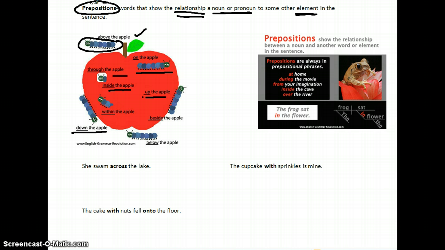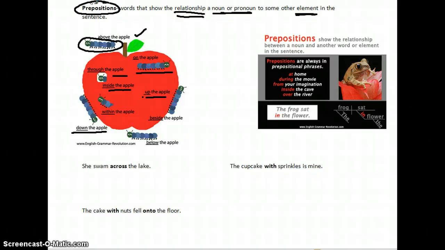They just give us an understanding of the relationship between an object and some other element in the sentence. In this case, the apple and the caterpillar, okay? The relationship in space that the caterpillar is to the apple, all right?